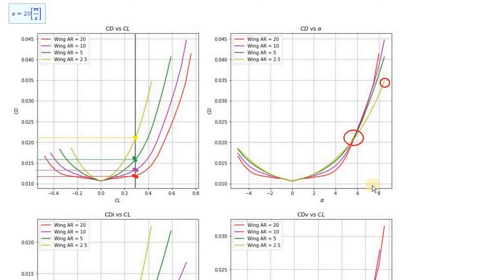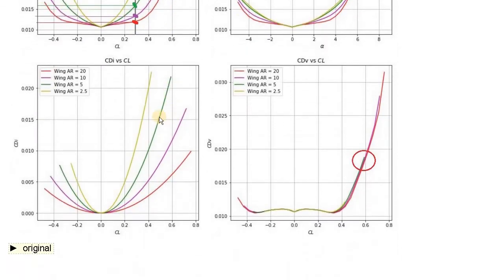You might have some alphas at which you're going to have a smaller drag for a shorter wing. But again, we don't care about the alpha. What we care about is the lift coefficient, and the efficiency of the wing, which is basically the ratio between lift coefficient and drag coefficient. So this is kind of not needed, and it's a very peculiar result.